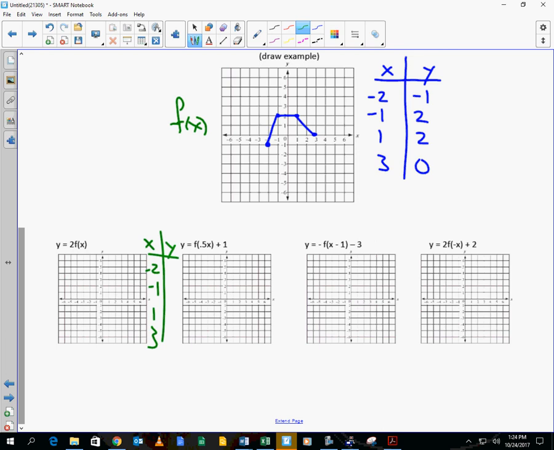So when we have a 2 out front, what does that do to the graph? It creates a vertical stretch by a factor of 2. So what do you think I do to all the y values? Multiplying by 2. Very good. So -2, 4, 4, 0. You will have to do a problem very similar to this on your assignment, on your study guide, on your test. It is extremely important that we know how to do it for our learning as we move forward.